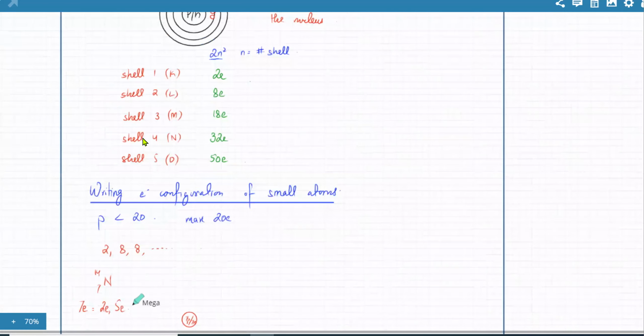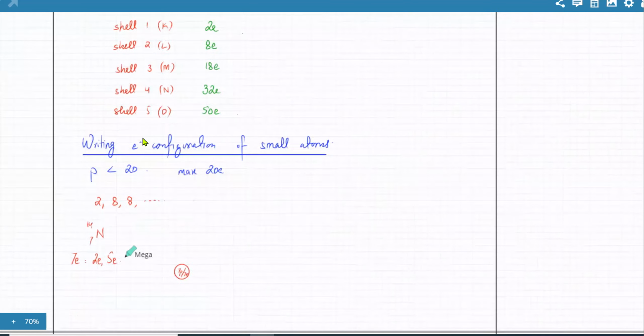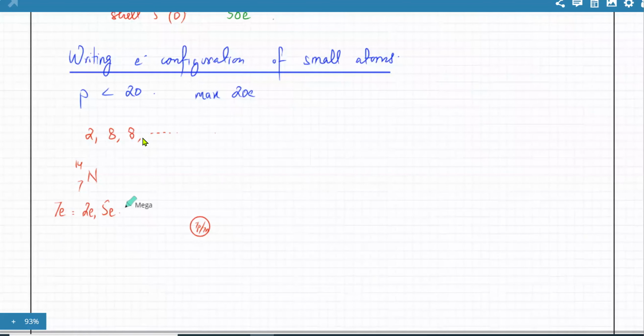There's no shell number 3, no shell number 4, no shell number 5. So just think of 288. First fill the first one with 2, then 8, then 8. So in this case, it's going to be 2 and 5. There's going to be 2 electrons in the first shell, and 5 electrons in the next shell.